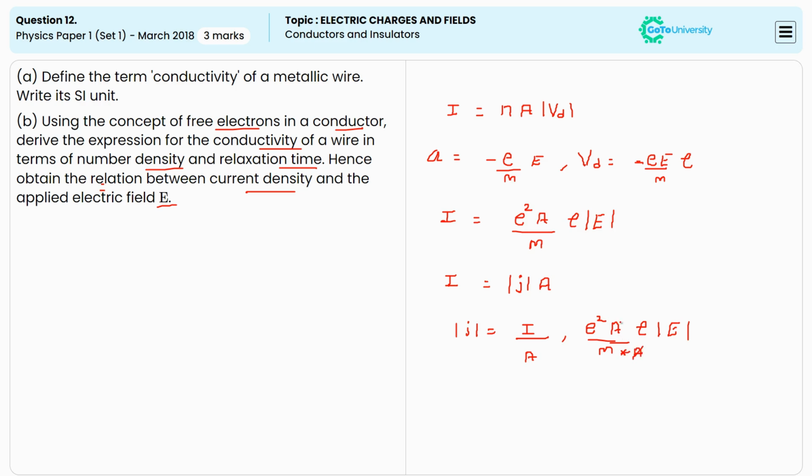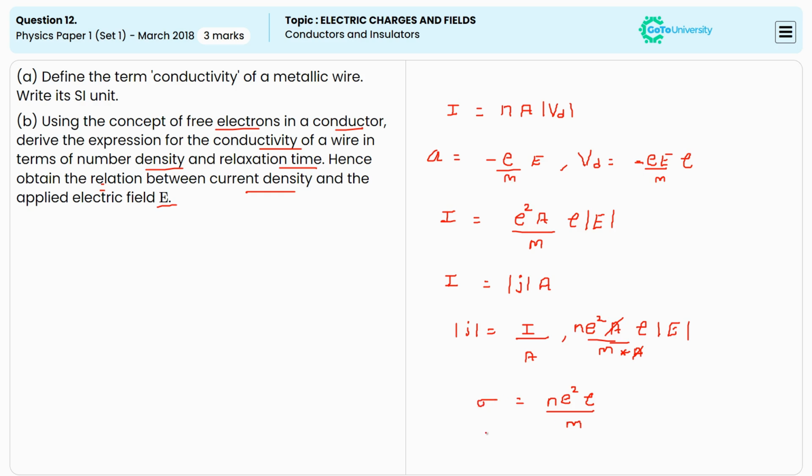If I just cancel these two terms, then we get the answer, that is equal to n e square tau divided by m. This is what we call conductivity.